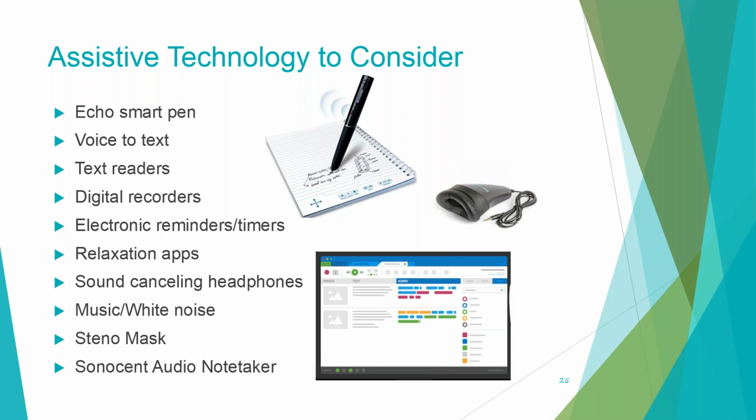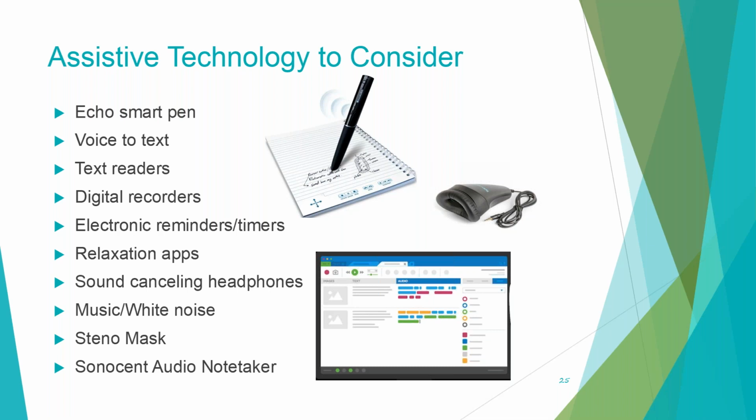So this is actually a digital recorder and a pen that uses special paper. And there's a little camera behind the pen point. As you're writing on this special paper, the camera is taking a picture of where you are on the paper while the digital recording is going on.